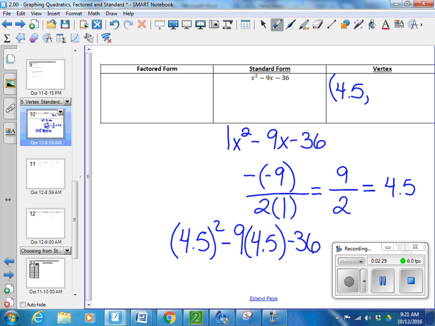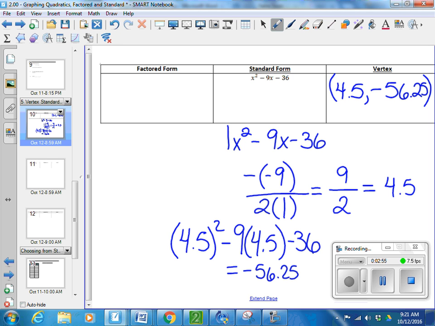You can type it right into your calculator, and if you do, you'll find that it equals negative 56.25. So that's what we're saying our vertex should be.